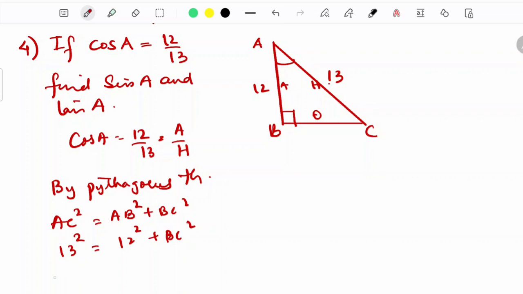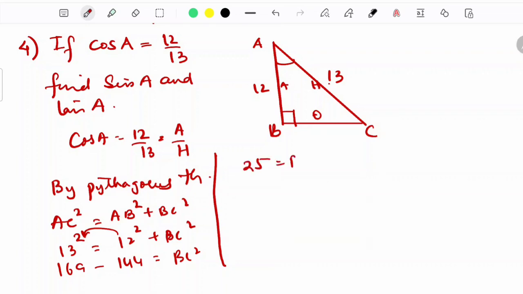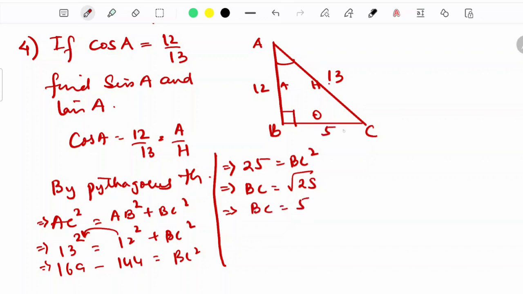So 13 square, 169 minus 144, I am transposing this and taking out the values, is equal to BC square. So 169 minus 144 gives me 25 equals BC square, or I can say BC equals root of 25. That implies BC will be equal to 5. So I got this as 5.